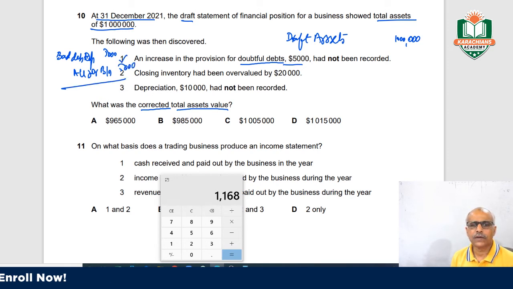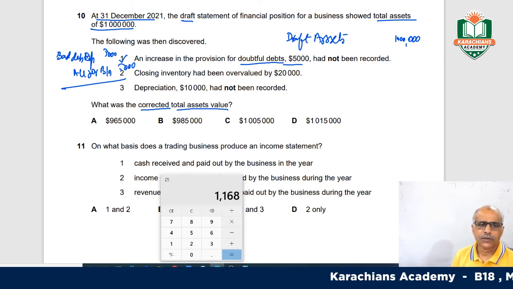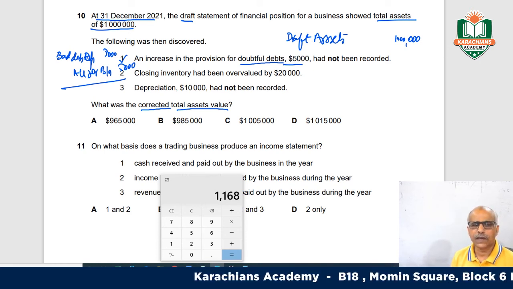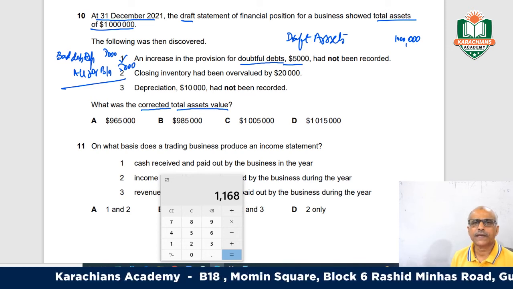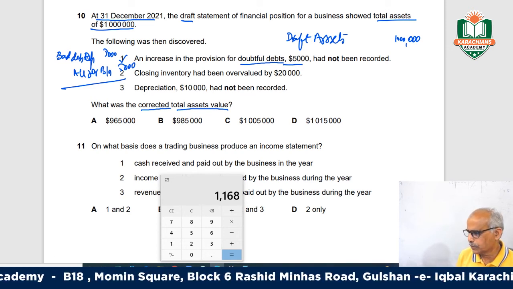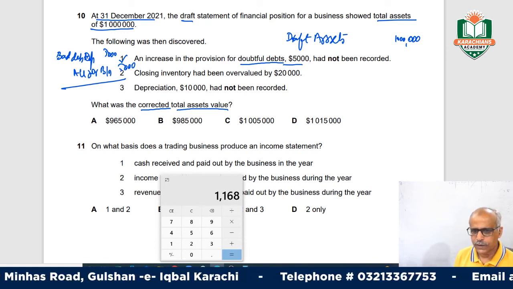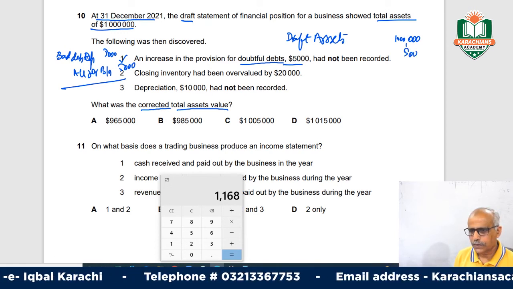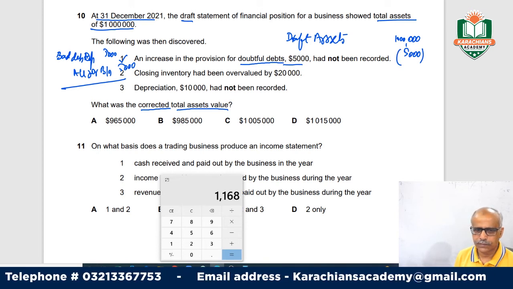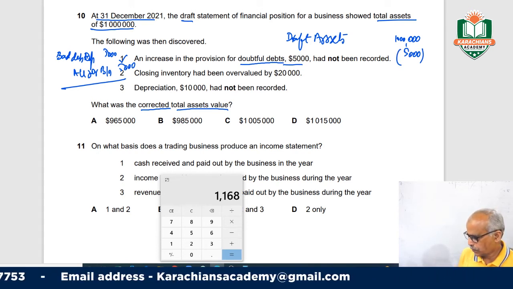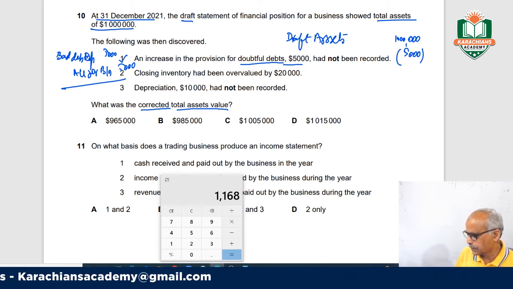And this allowance for bad debt is deducted from your receivables. So the increase in allowance for bad debt will decrease your total assets. So how much? It is 5,000. So you have to deduct it, right? Now see what else.